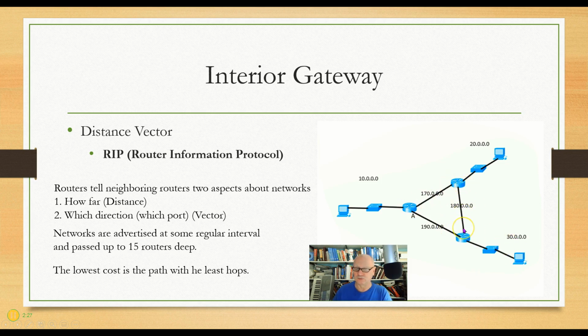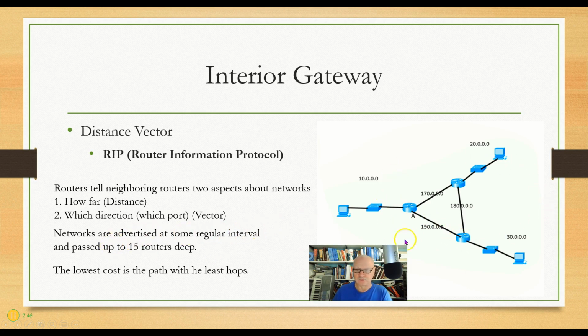1, 2 hops. So in this case, A would choose this way to get there because that's the fastest way to get there. So the distance, how many hops, and the vector, which port, which direction to send it out of.